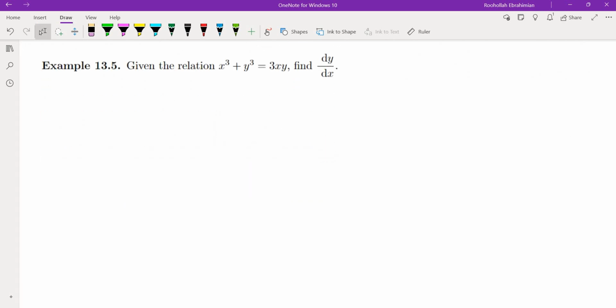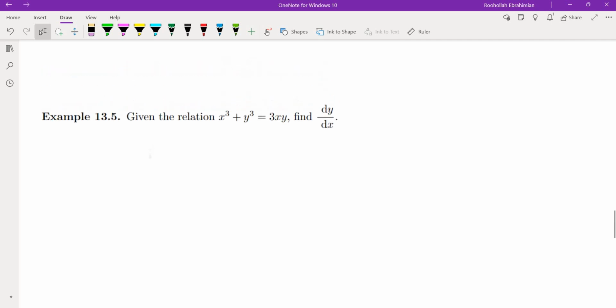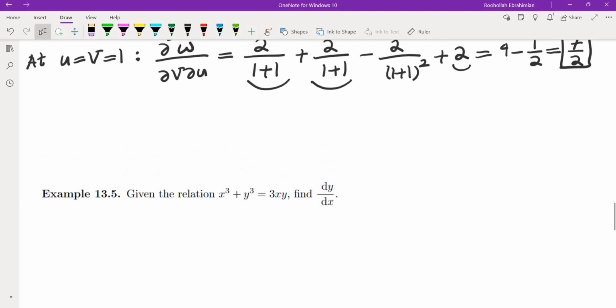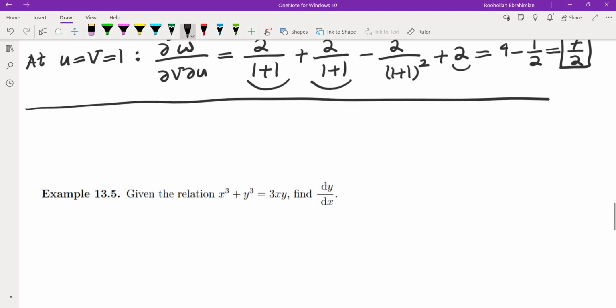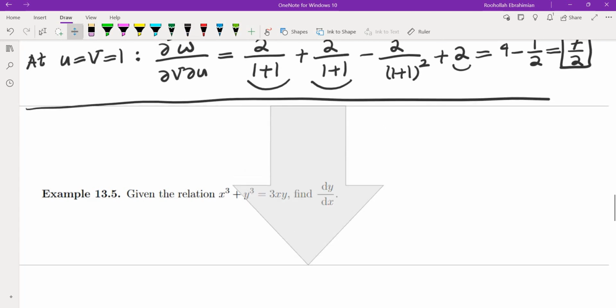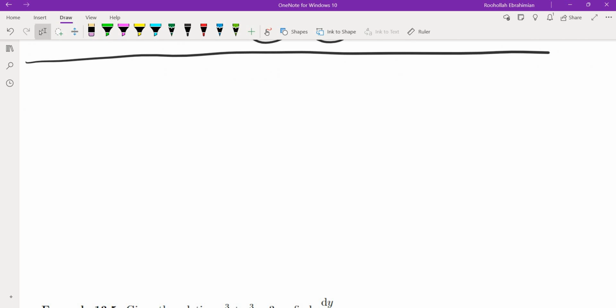Okay, so the next thing we are going to look at is implicit differentiation. So imagine we have a function y of x, but we don't know the explicit formula for y as a function of x. But what we do know is a relation between x and y.